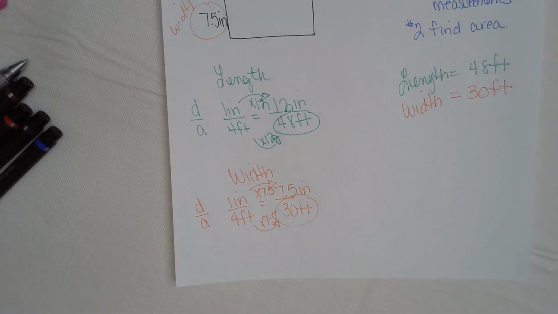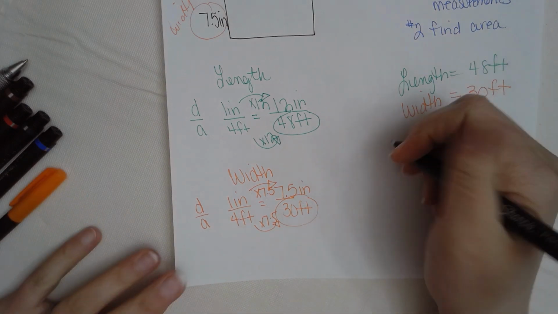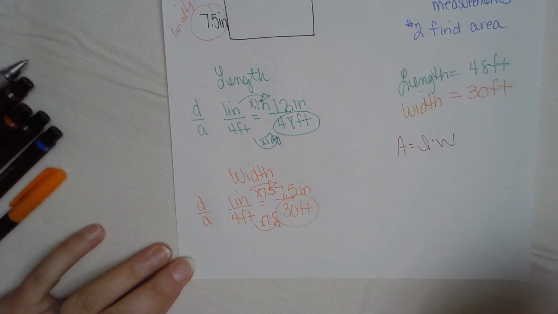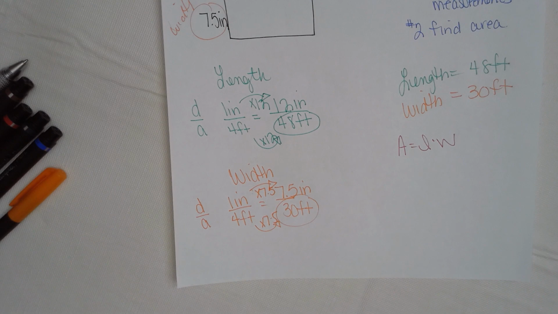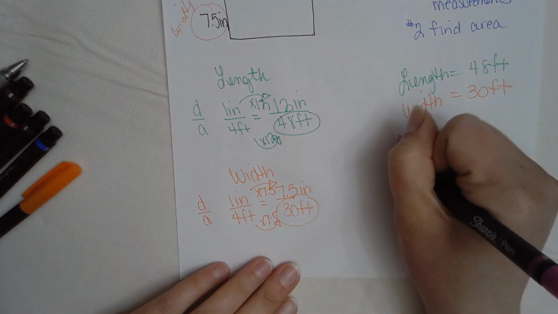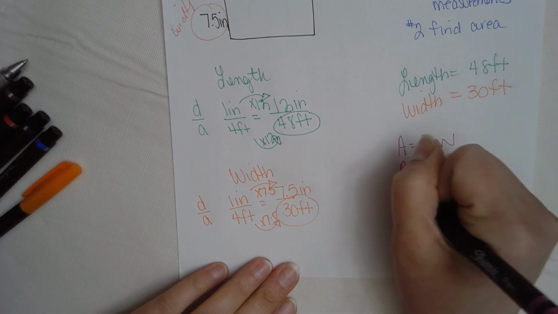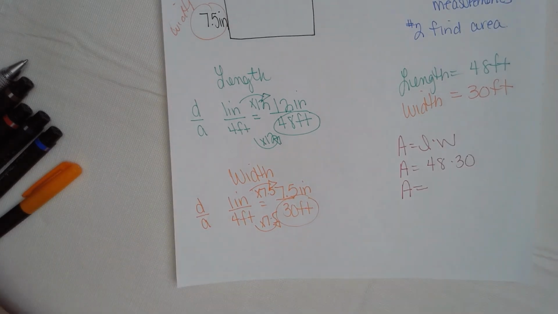Now that I have my actual length and my actual width, I am going to find the area. The area formula for a rectangle is length times width, so I'm going to plug in the L and the W. So I have A equals 48 times 30.